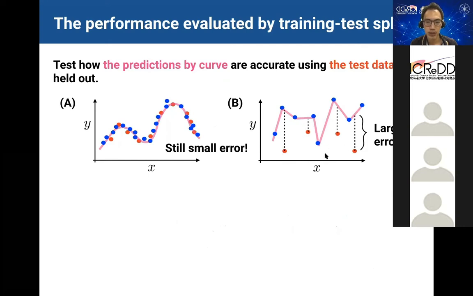So in this case, the test error is very large. So this curve is not well generalized beyond the given data. In this way, we can check the prediction performance using the held out data. So we keep some portion of the data and do not feed it into the machine learning training.